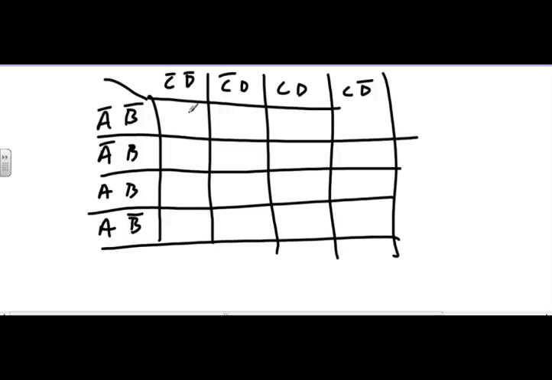And I have something when I get done, and I got these guys filled in. And I ask myself, well, what is it? And I say, well, I can group these guys together, and that would be A naught, C naught, because the B's don't matter and the D's don't matter.